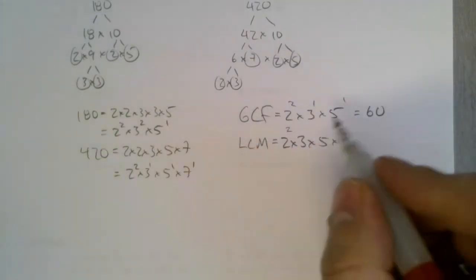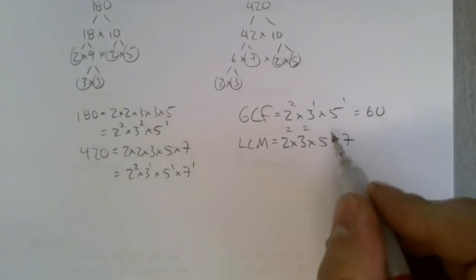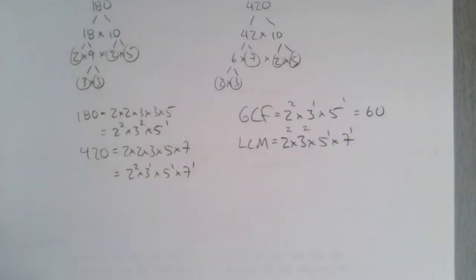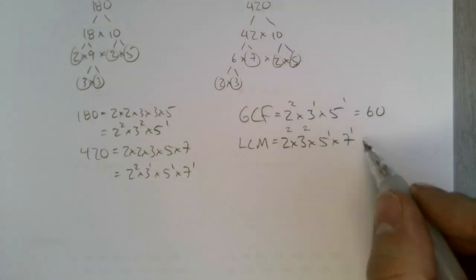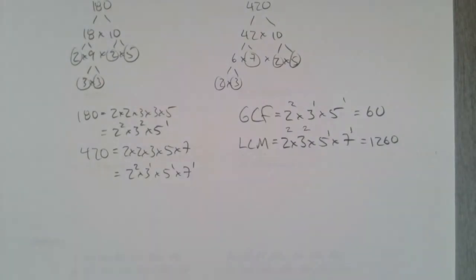But for the 3, 2 is the largest exponent on there. And then for both the 5 and the 7, it's just going to be the 1. So when I multiply those all out, that gets me 1,260 as my least common multiple. So you're going to have to go a little ways out before you can figure out what number is common to both their lists of multiples.